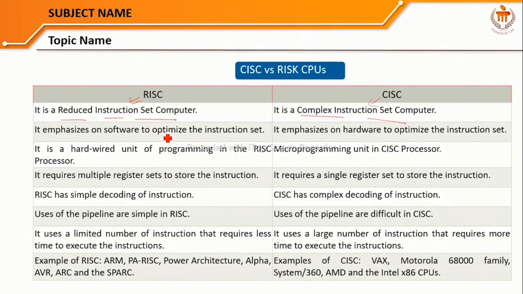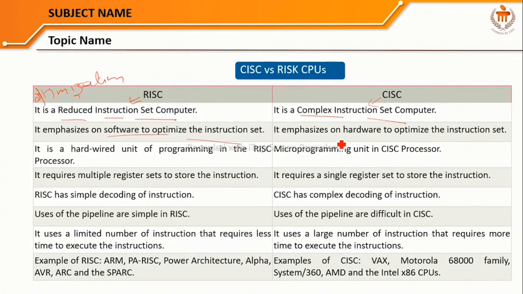They are working, emphasizing software to optimize the instruction set. When we want to do optimization work, that time we need RISC. What is the meaning of optimization? Making the performance better, utilizing a CPU in a better manner, is optimization.